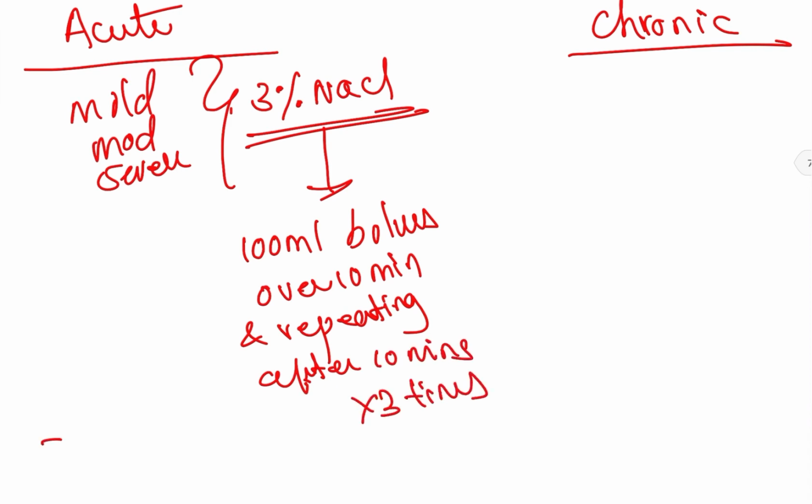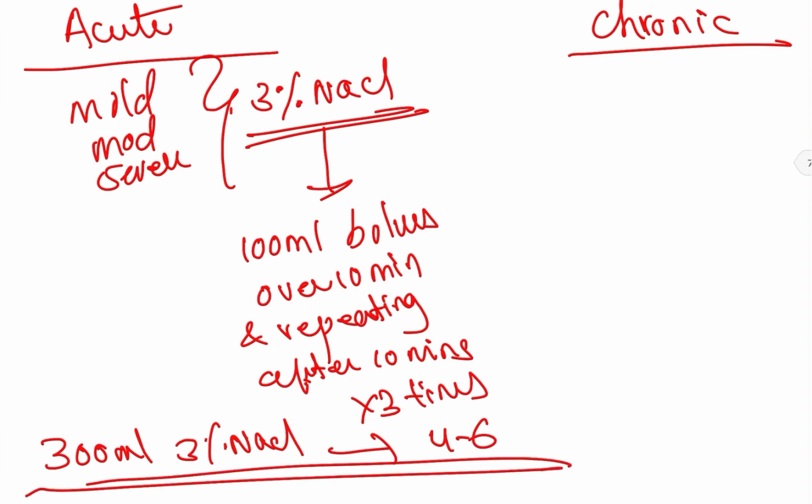So the total patient will receive 300 ml of 3% NaCl, which will cause a change in sodium by 4 to 6. This is the method to treat acute hyponatremia as per the European Society of Critical Care. Whether it is followed or not in GMC is another thing to discuss.